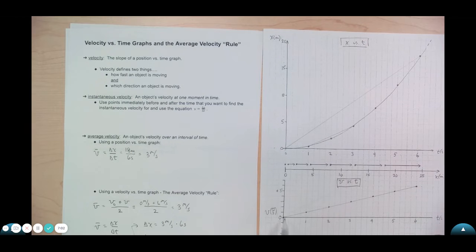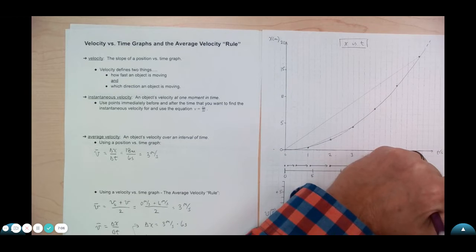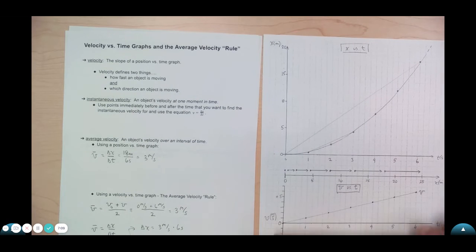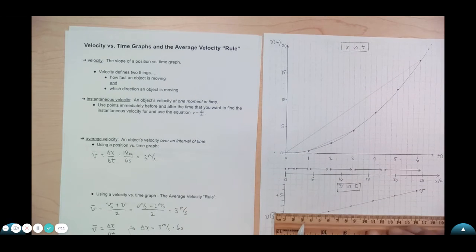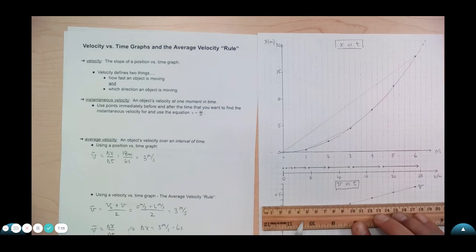Now this line represents the instantaneous velocity of the object. If I were to simply show the average velocity of this object with a different line, here's what it would look like.